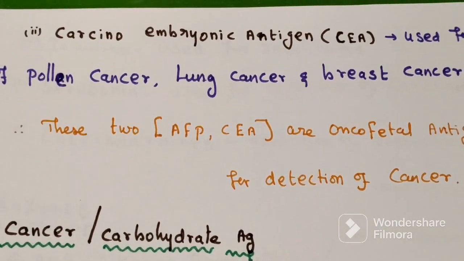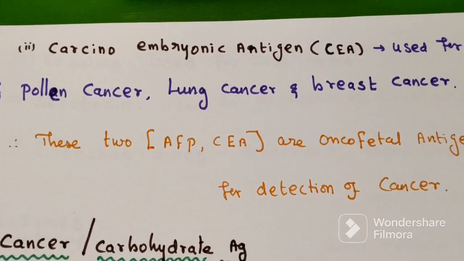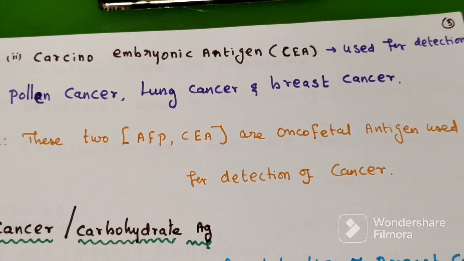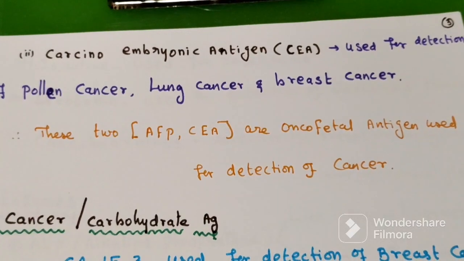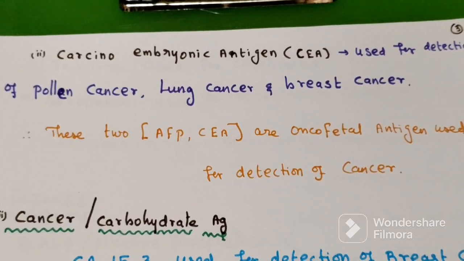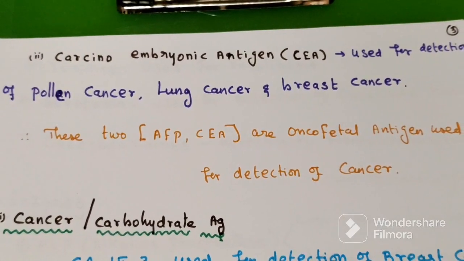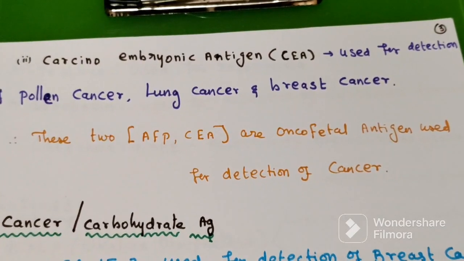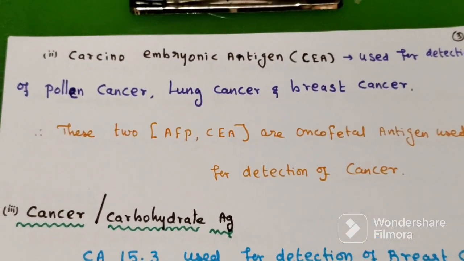Second, the oncofetal antigen carcinoembryonic antigen is useful in detection of colon cancer, lung cancer, and breast cancer. It is used for screening, diagnosis, staging, prognosis and follow-up of disease.